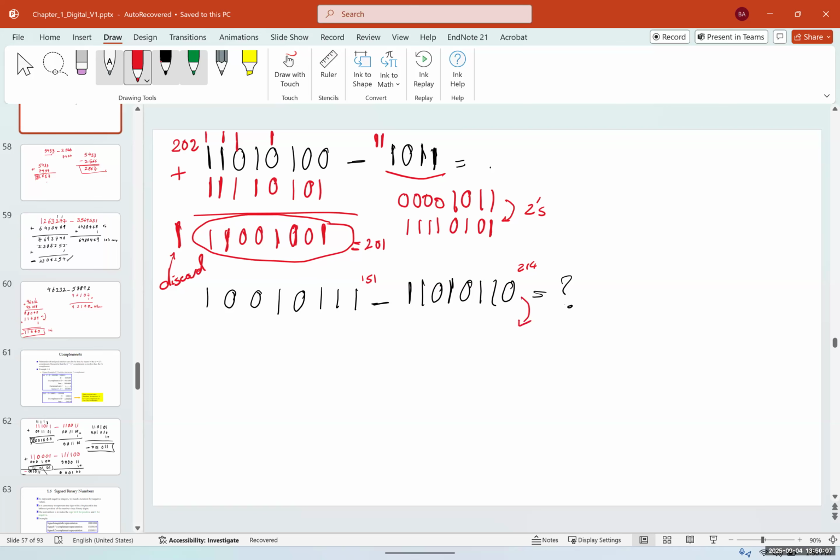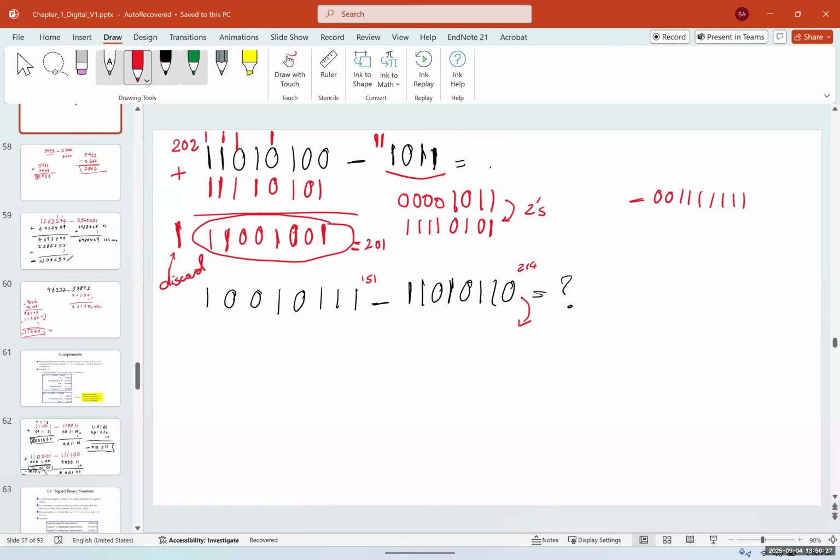So first thing we're gonna do, we will find the 2's complement for the second. What was your answer? It was negative 0, 0, 1, 1, 1, 1, 1. So all ones? How many ones? 6.